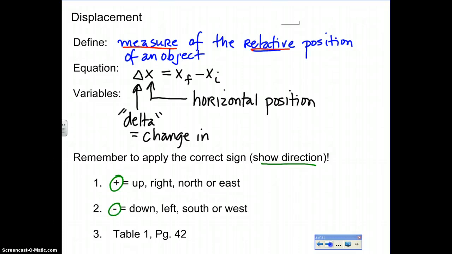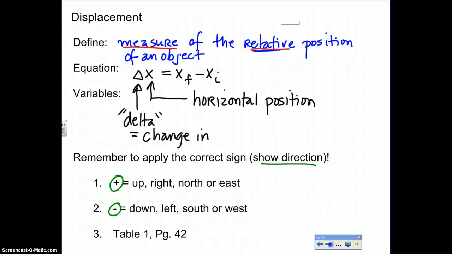Negative numbers on the y-axis are going to mean down. On the x-axis are going to mean left. And on the z-axis are going to mean backward. Again, we could also use directional indicators here, such as south, west, or we could even use angles, as you'll see later on.